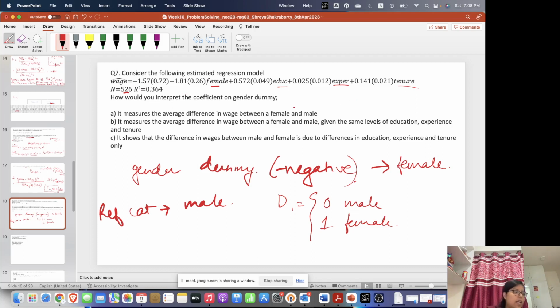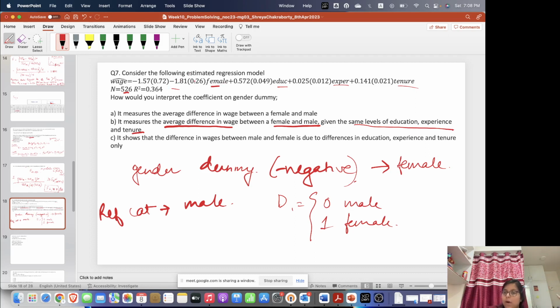So what it actually measures is the average difference in wage between a female and male given the same levels of education, experience and tenure. Because this is actually the marginal effect. Marginal effect is what? Keeping everything else constant, what happens if we increase 1 unit of this regressor?